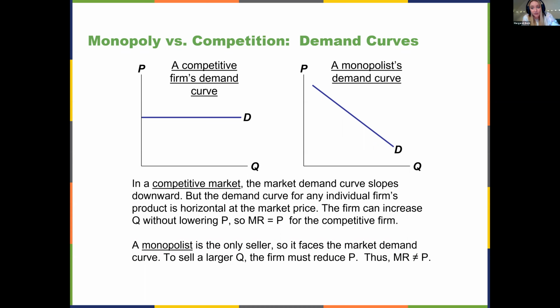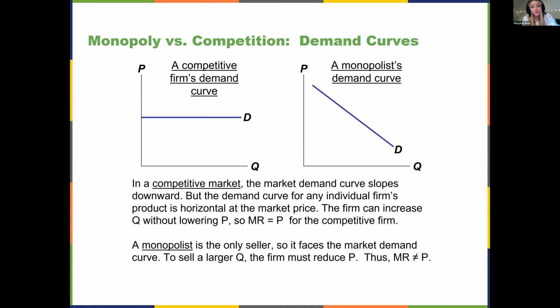So naturally, the way that price and marginal revenue work for monopolists is going to be very different from the relationship between price and marginal revenue for a perfectly competitive firm. For a perfectly competitive firm, the price is exactly equal to the marginal revenue.